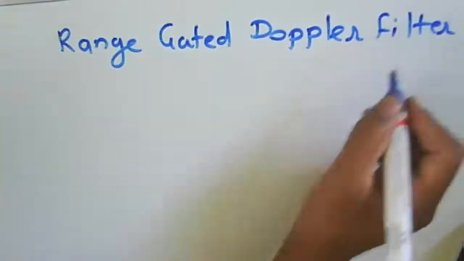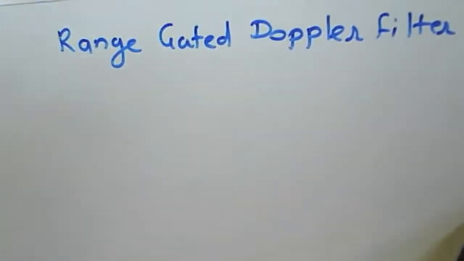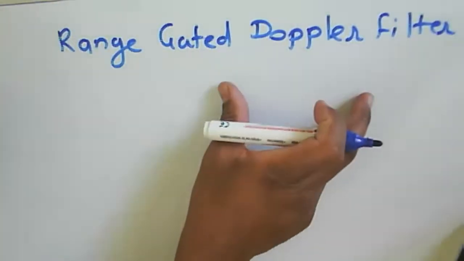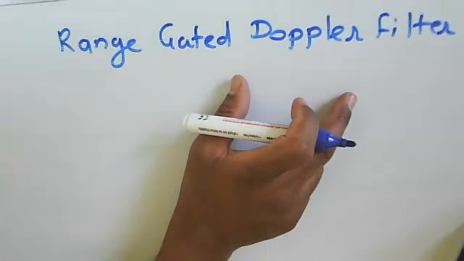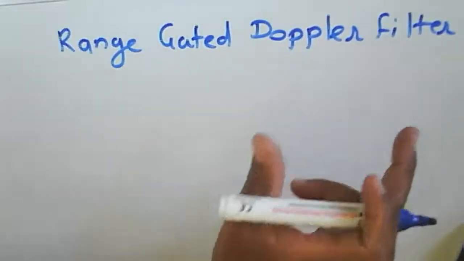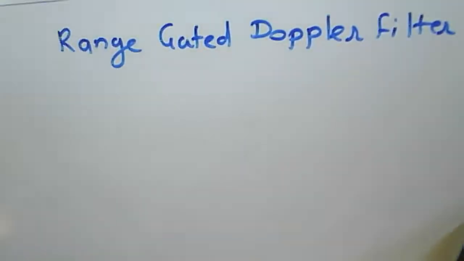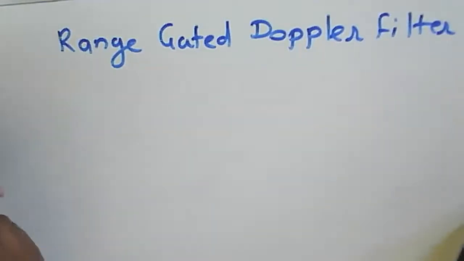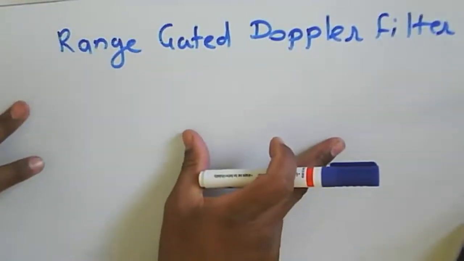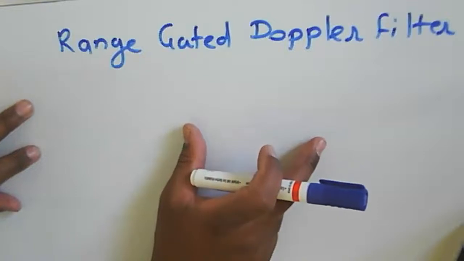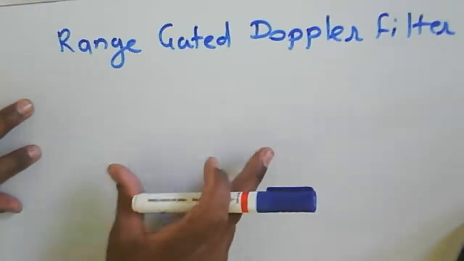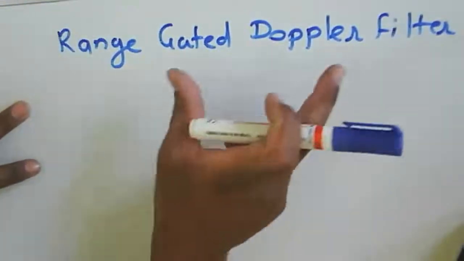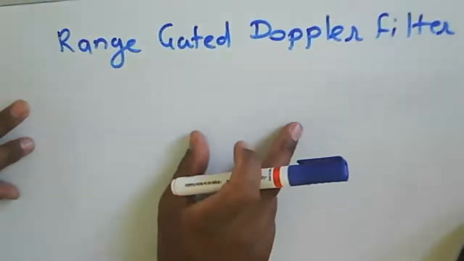Now we have seen earlier that a Doppler filter is used to pass a specific frequency band of Doppler frequency signal, and it will remove any stationary clutter or any noise there. It will allow only the clutter there.